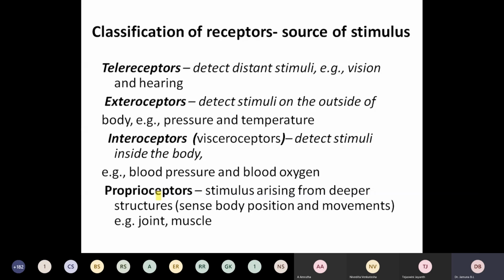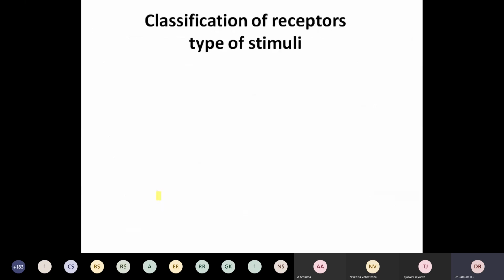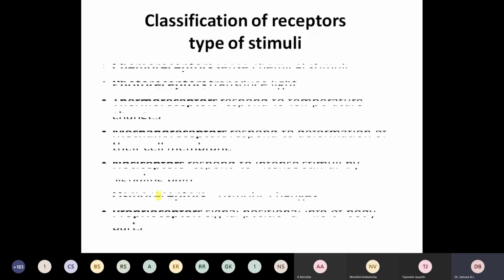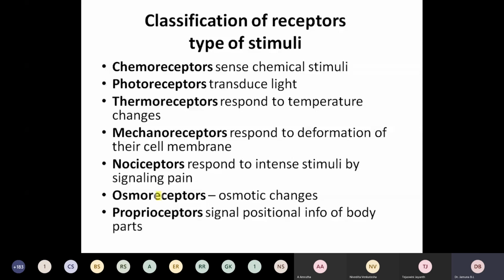They mainly sense the body position and movement, from the receptors present in the joints and muscles. So you can classify the receptors based on modality, based on the source of stimulus, and you can also classify the receptors based on the type of stimulus. Based on the type of stimulus, if it is a chemical stimulus, the chemoreceptor gets stimulated.